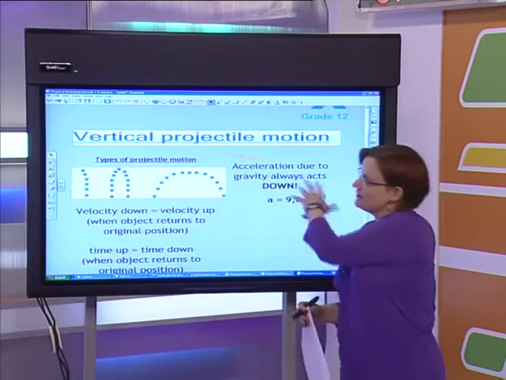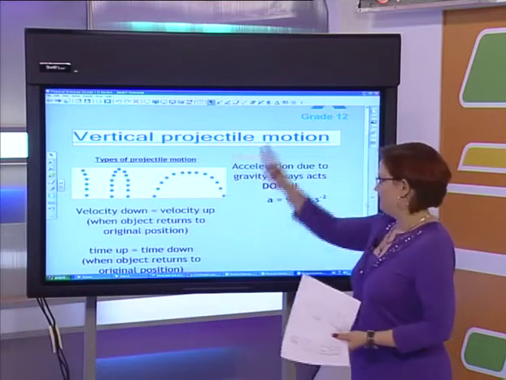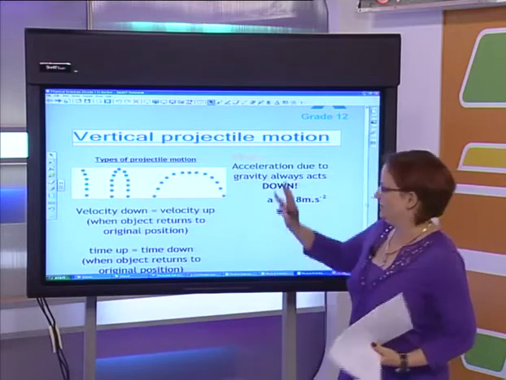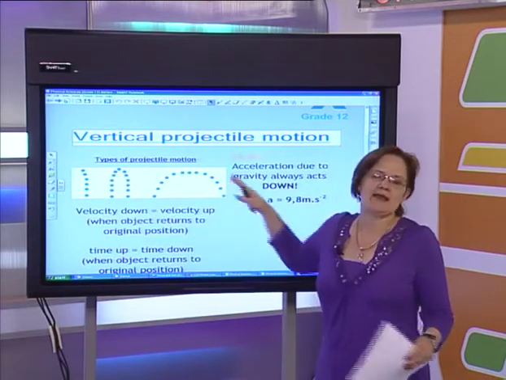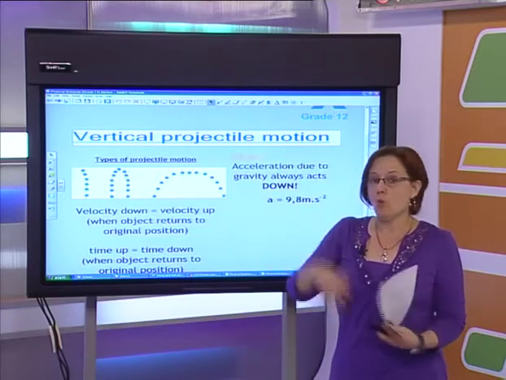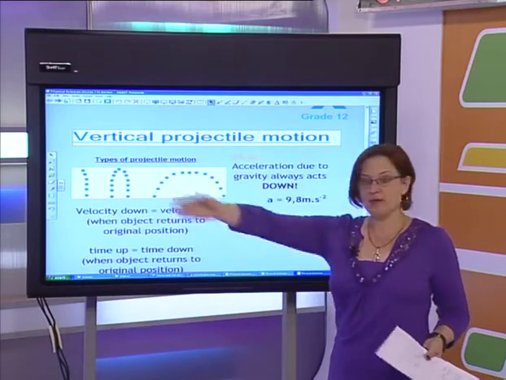Okay. Well, guys, like I said earlier, we're going to look at vertical projectile motion. And what we need to remember, and I've sort of drawn a picture, it's just an indication, is that projectile motion has three ways that we can show it. Essentially, what we're looking at is motion that's going up and down. We're forgetting about horizontal now.